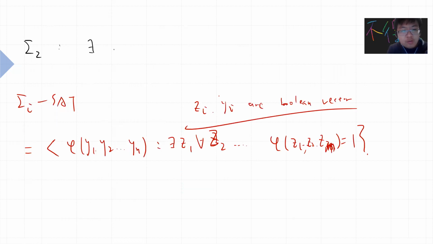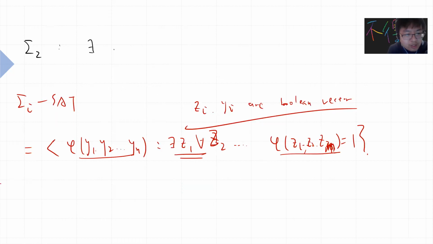For sigma i, I ask whether phi of z1, z2, up to zn is 1, but I replace each z with a set of Boolean vectors, z1, z2, and so on.